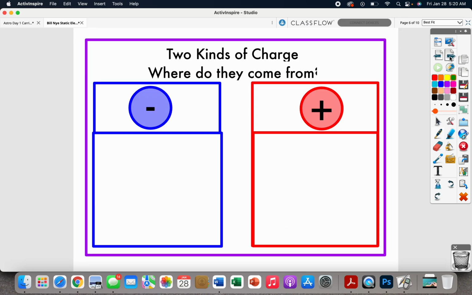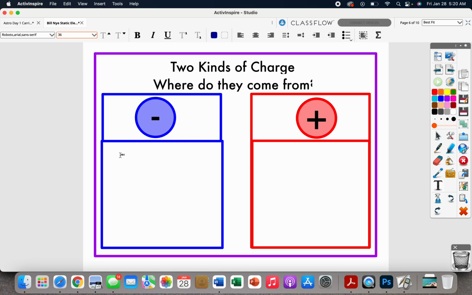What are the two charges? Electrons are negative, and they orbit the nucleus, so they're outside and they're low mass.